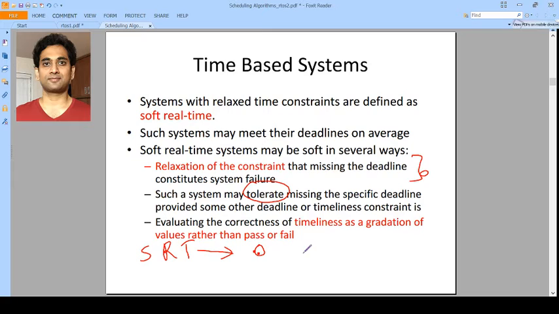On a scale of 0 to 10, the system can be graded, rather than as either a fail or pass. But in terms of a hard real-time system, there is only either a pass or a fail, and there is no scale of gradation. So in that sense, soft real-time systems are not a failure if some of the tasks do not meet their constraints.